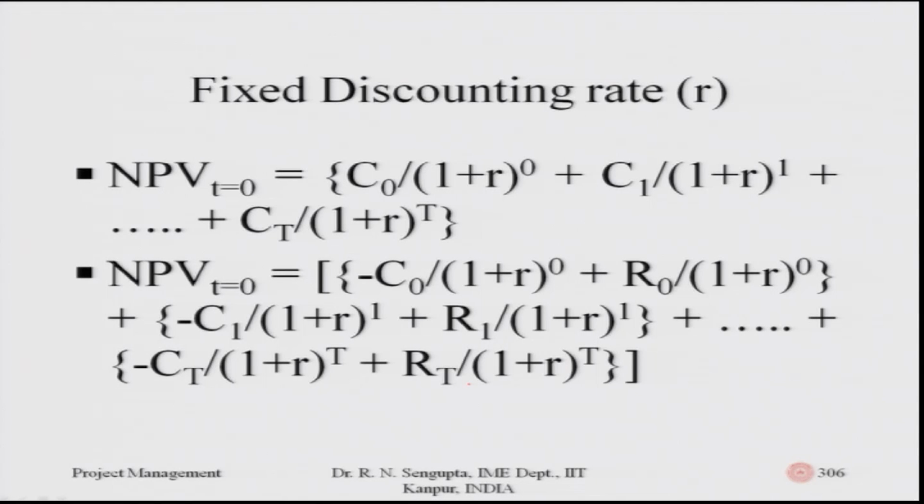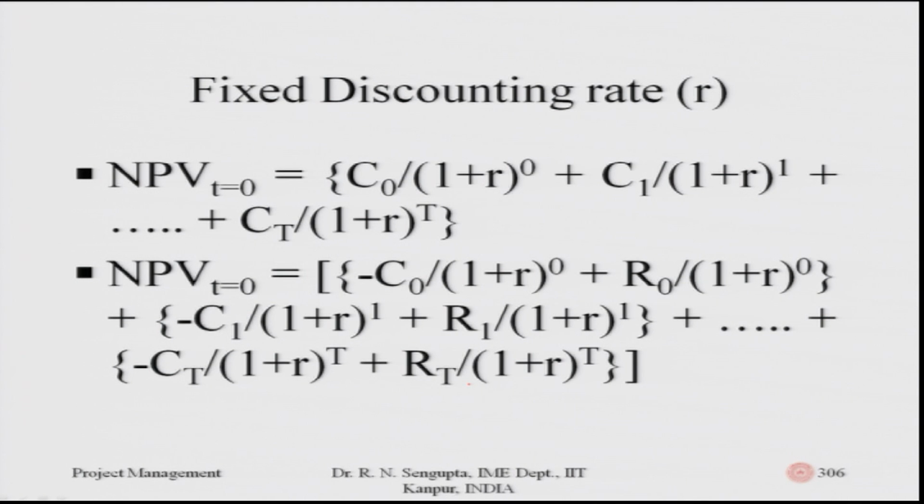Again, for the fixed rate I am using the same formula as I did for the concept of interest rate, discussed in the last 5-6 minutes of the last lecture. The net present value at t equal to 0 is calculated based on the fact that C0, C1 till C suffix t are the so called net values of the input or output, and R, which is the interest rate, is fixed.